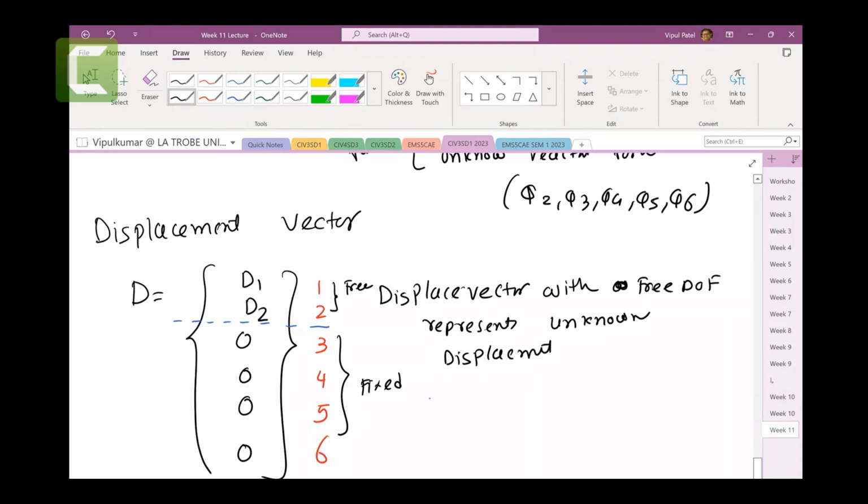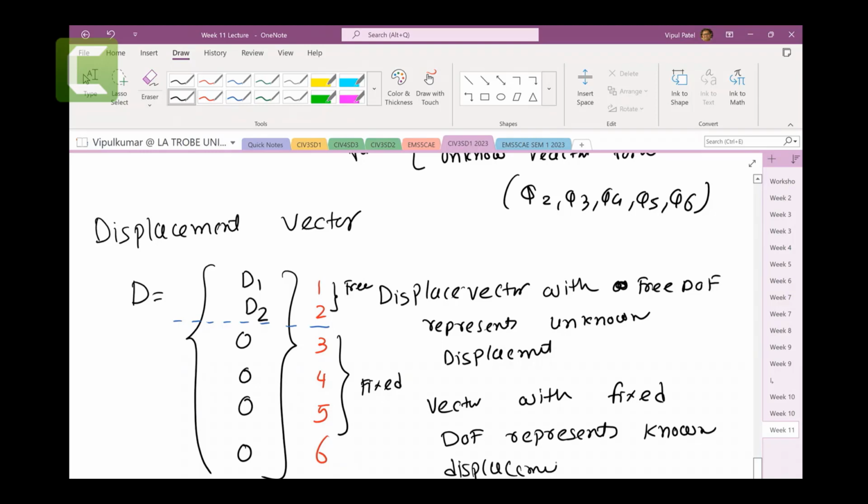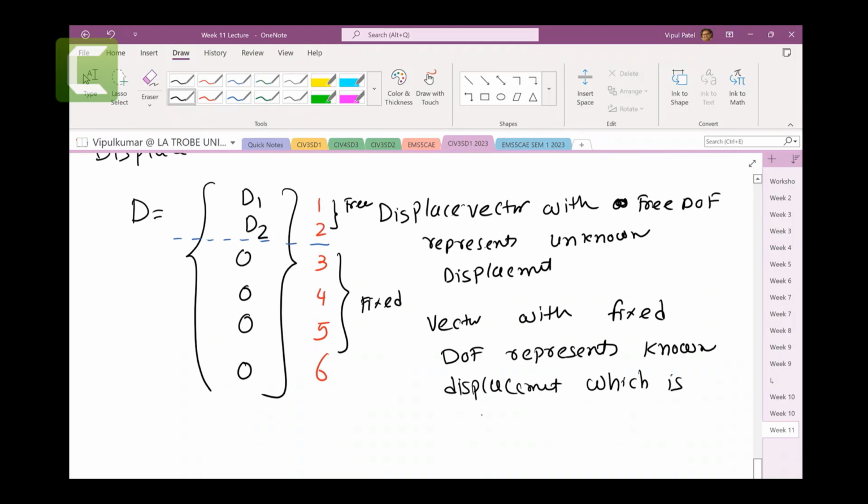And the vector with fixed degrees of freedom represents known displacements, which are generally 0 unless you have settlement, generally 0, right?